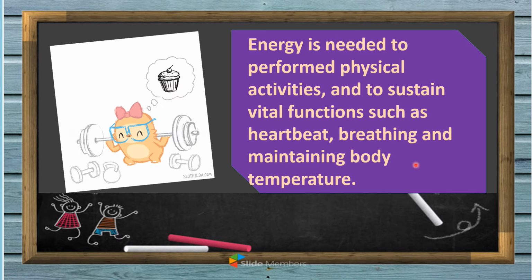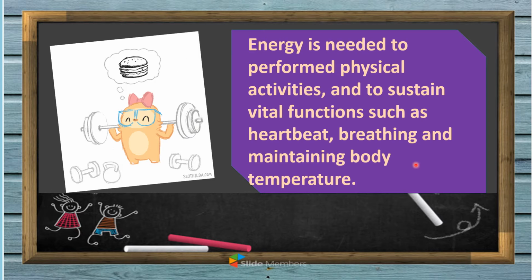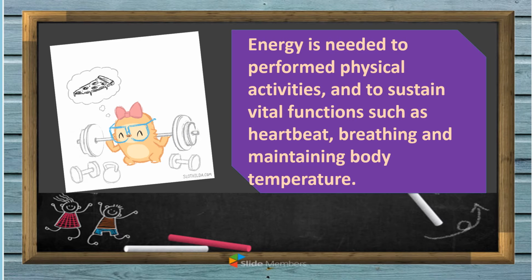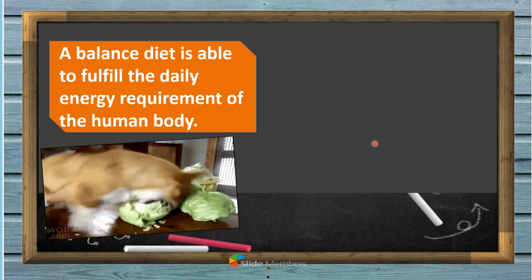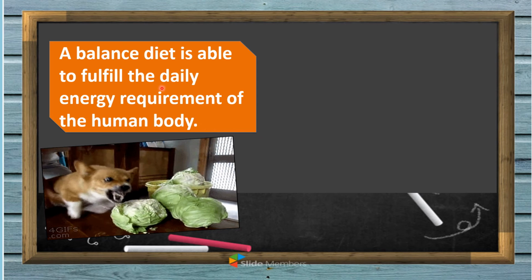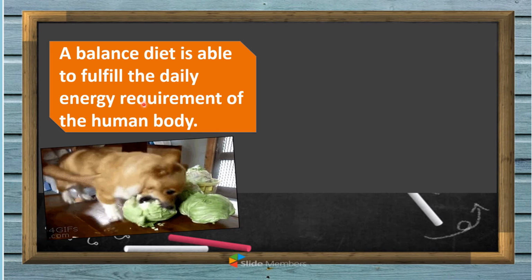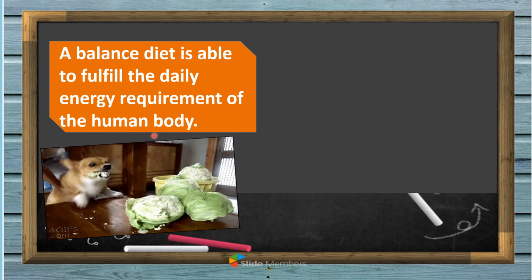In order for us to gain energy, we need to eat our food, eating accurately in the given time. A balanced diet is able to fulfill the daily energy requirement of the human body.